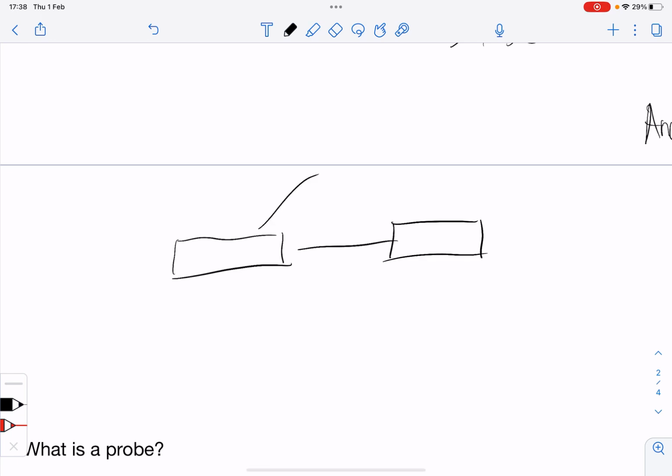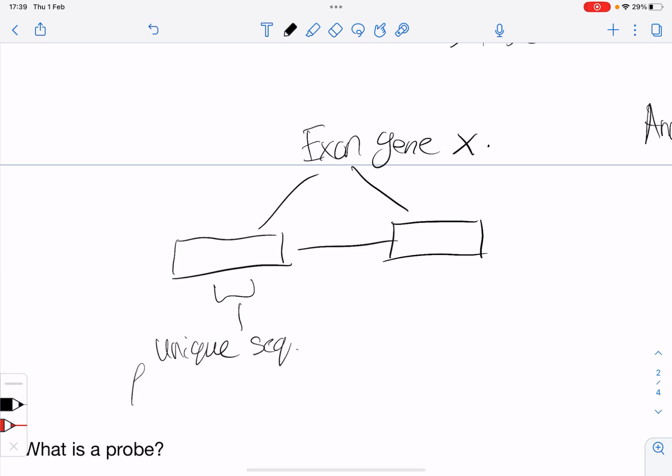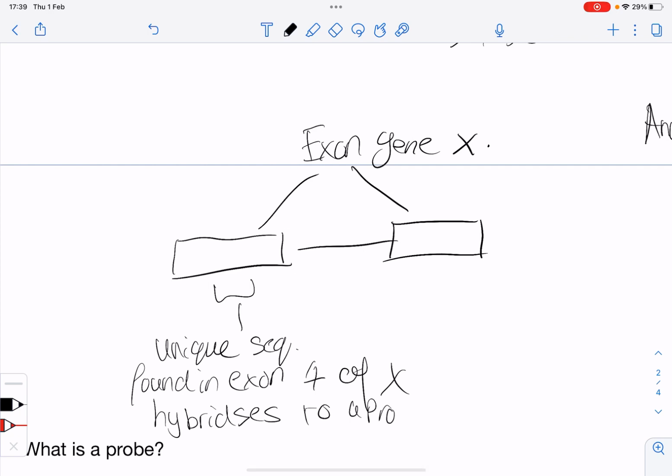Let me label this exon gene X. And here we have a unique sequence found in exon 1 of X, and this hybridizes to a probe of X.